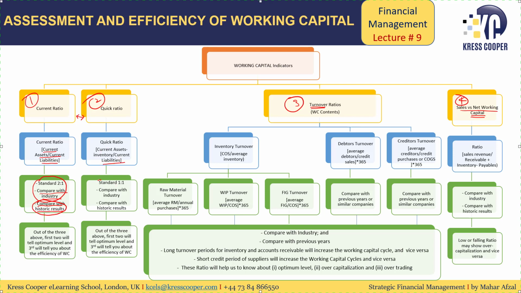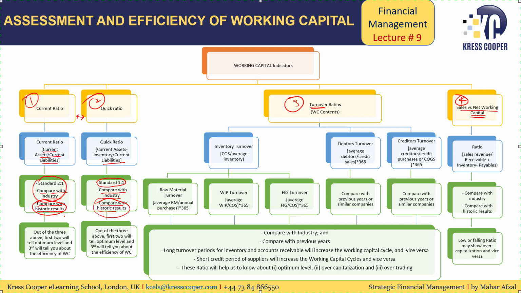And the market standard is 1 to 1. If current assets other than inventory are equal to current liabilities, then we can say this is the optimum level of working capital. We can check with the industry as well to assess the optimum level of working capital, and to know the efficiency of the quick ratio, we can compare it with the historic results.